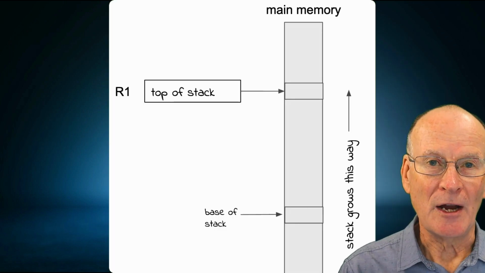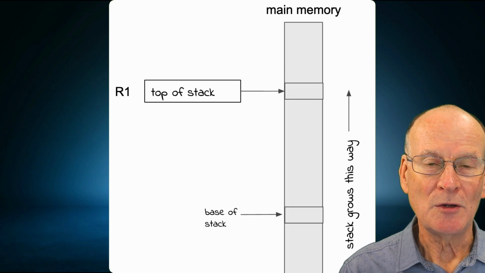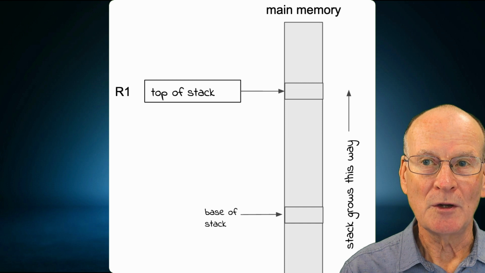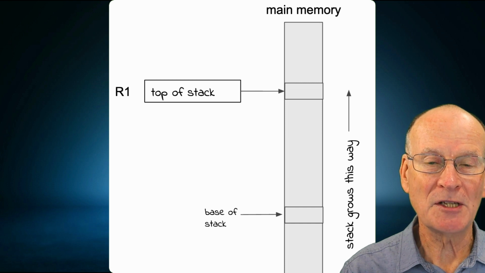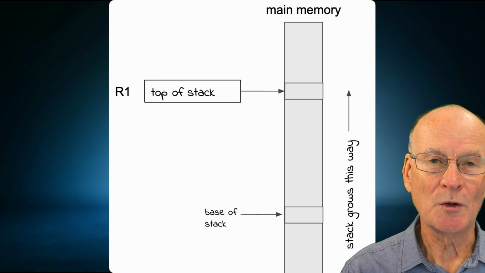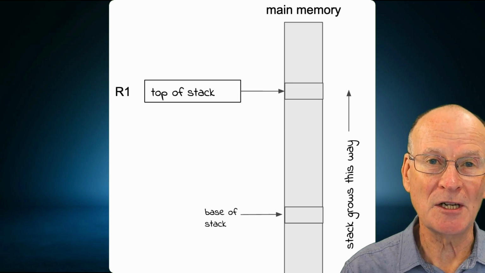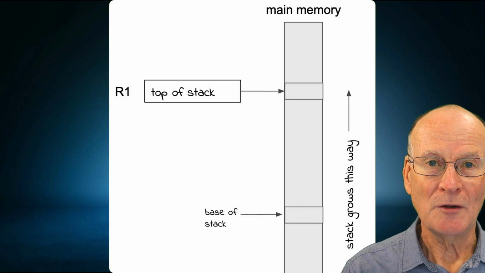So here's my diagram. My R1 I'm going to use as my stack pointer. It points to the current top of the stack. We also have to know where the base of the stack is, and to add something to the stack, we increment the stack pointer, increment R1, store something into that location, and you know how to do that because we know about indexed addressing, and then on you go.